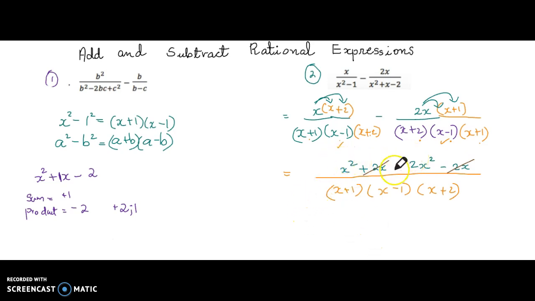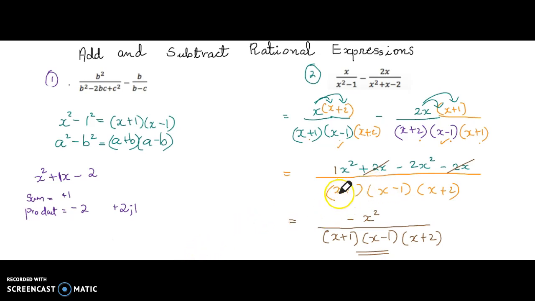Can we combine the x squared terms? Yes, because x squared is 1 times x squared, so 1 minus 2 gives a negative x squared. We write the denominator as x plus 1, x minus 1, x plus 2. So that is our final answer.